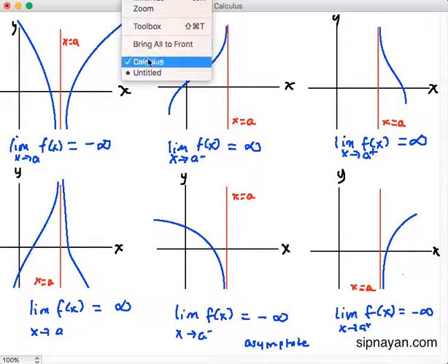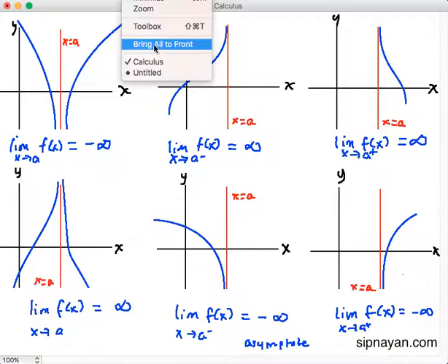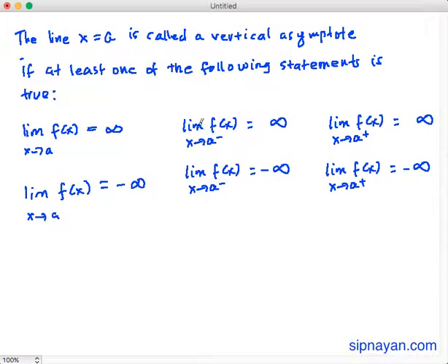The definition just says that x equals a is a vertical asymptote of a function if at least one of these cases is true. So, tingnan natin yung definition. The line x equals a is called a vertical asymptote if at least one of the following statements is true.